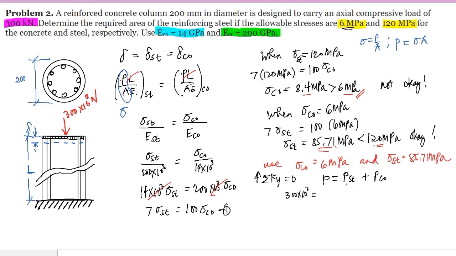Force of the steel here would be stress in steel times area of steel, plus for the concrete, the stress in concrete multiplied by the area of concrete.